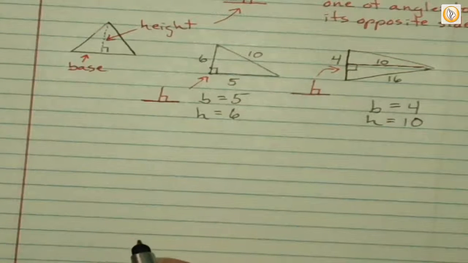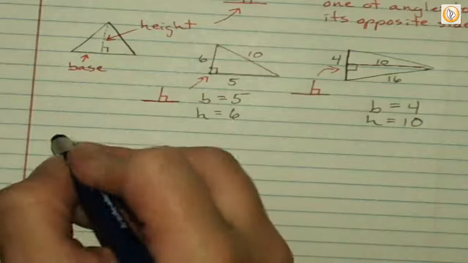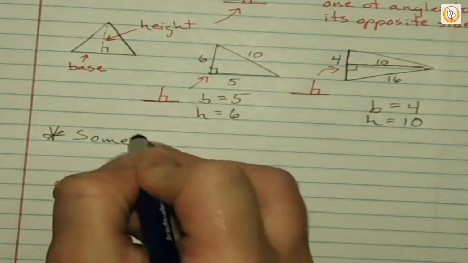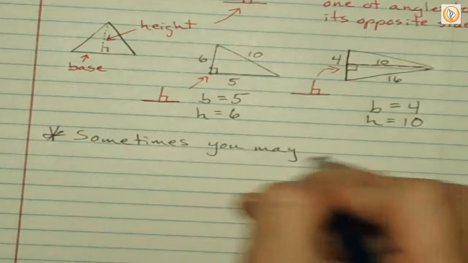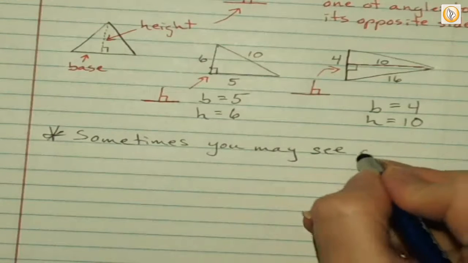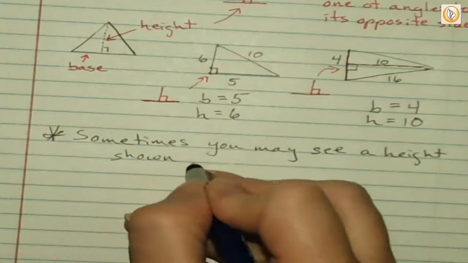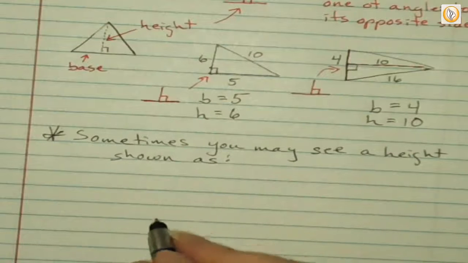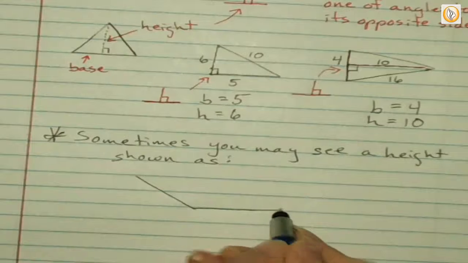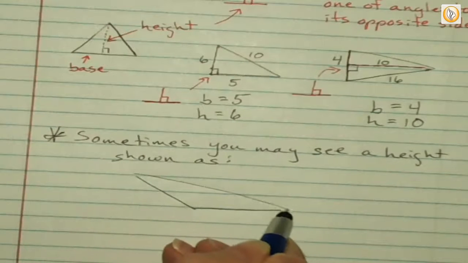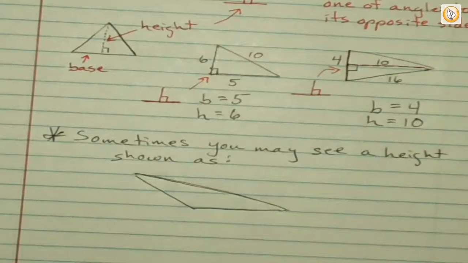Now I'm about to throw you a wrench in all this. Just when you think you got it, sometimes you may see a height outside of it, shown as such. There's no perpendicular there.